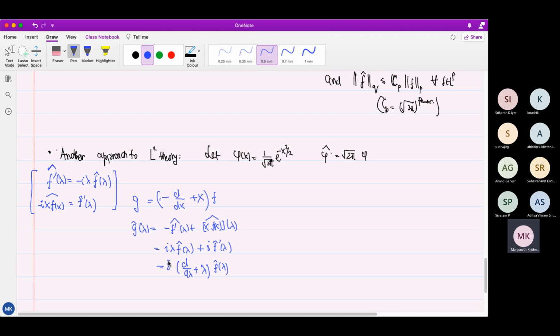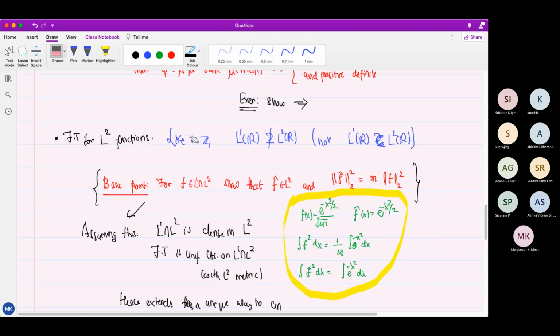Or did I make a sign mistake? I'm wondering. f dash hat is minus i lambda, but why do I get minus i x here? Is this i x or minus i x?